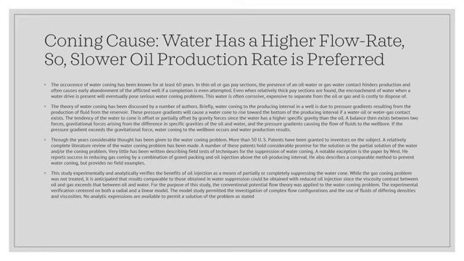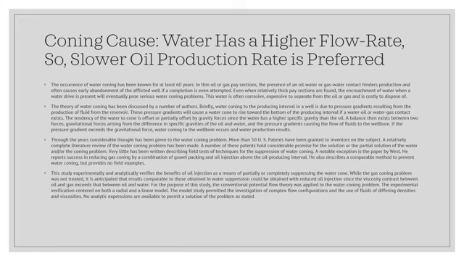The theory of water coning has been discussed by a number of authors. Briefly, water coning to the producing interval in a well is due to pressure gradients resulting from the production of fluid from the reservoir. These pressure gradients will cause the water to rise toward the bottom of the producing interval. If a water-oil or water-gas contact exists, the tendency of the water to cone is offset by gravity forces.